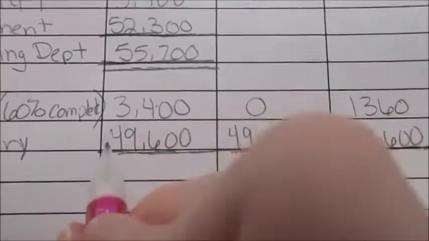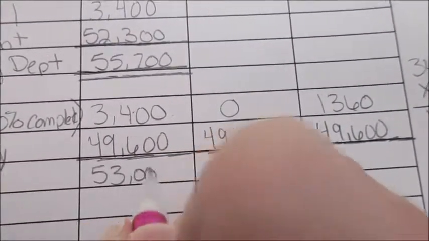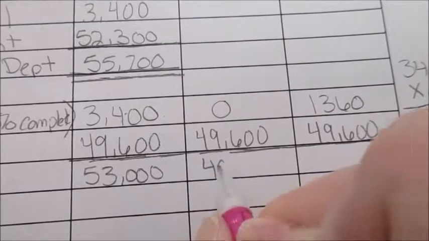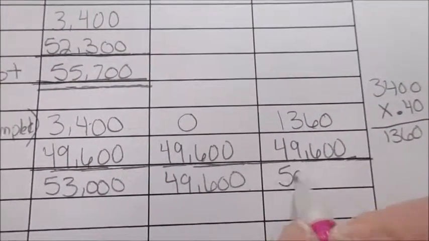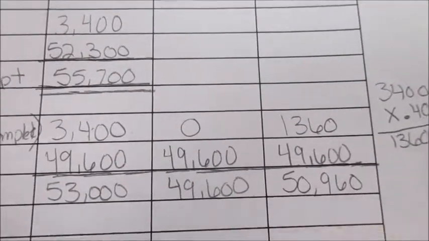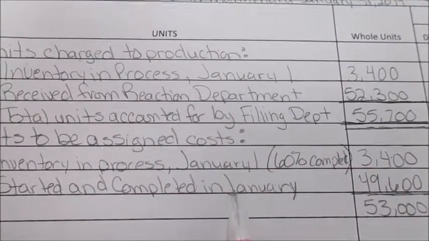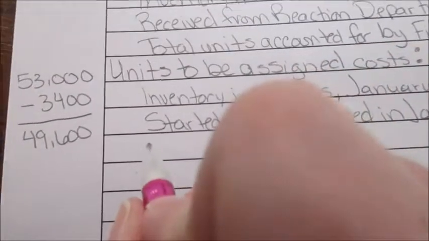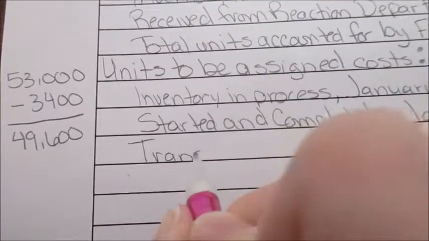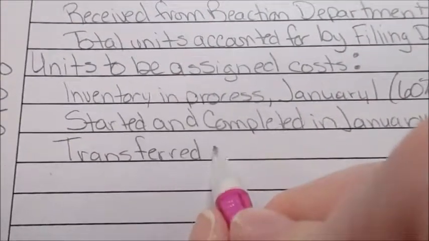So we're going to add these numbers together and we get 53,000, 49,600, and 50,960. Okay. So again, this tells us inventory and process when we started the month, what did we start and complete. Okay. This is the amount that's been transferred to finished goods. This is what we have completed and turned into finished goods.